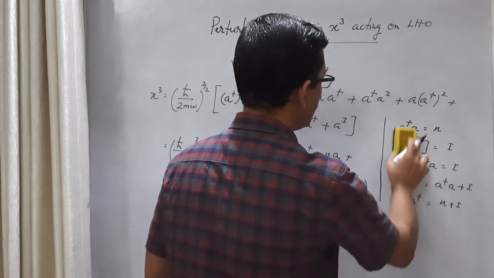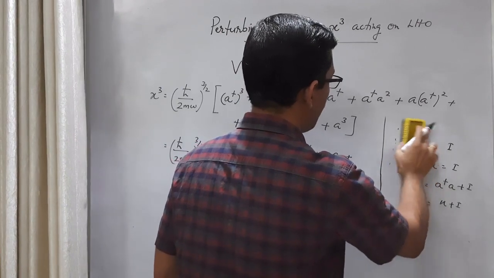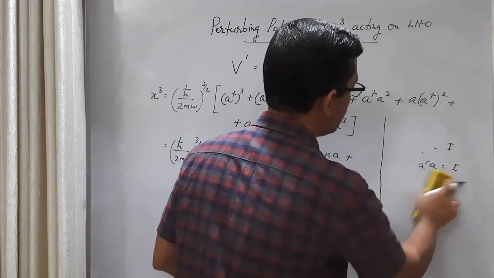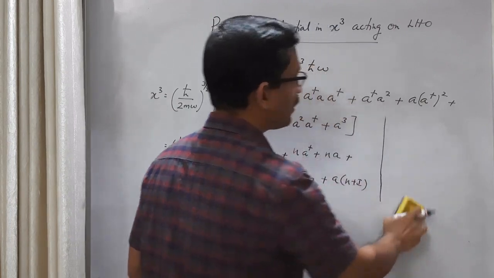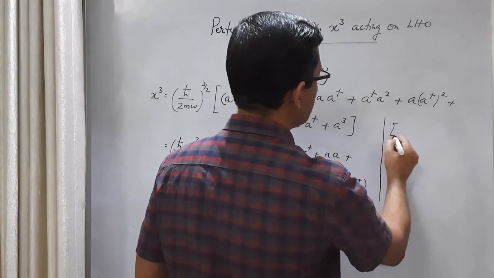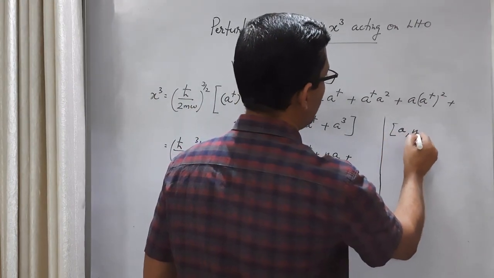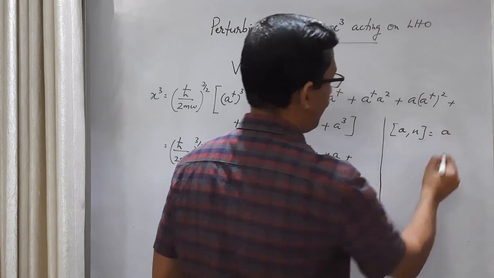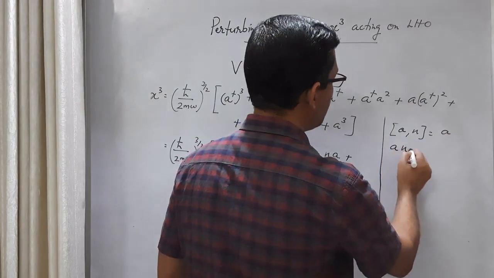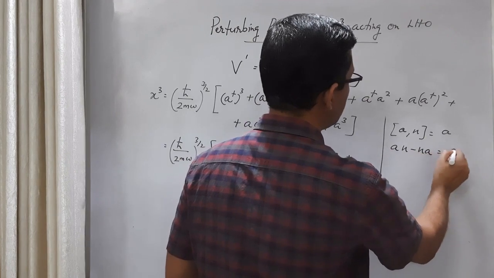Now further let us say this number operator has a commutation relation between a and a dagger. It is like this: the commutator of a and n is a. That is, a n minus n a is equal to a.